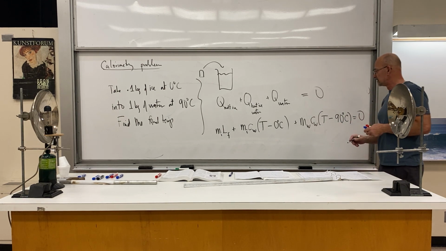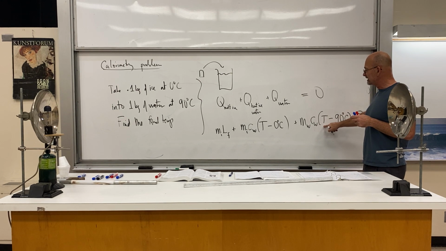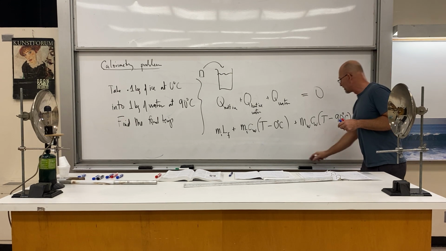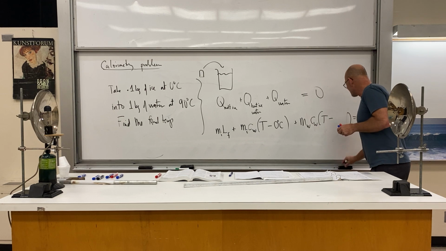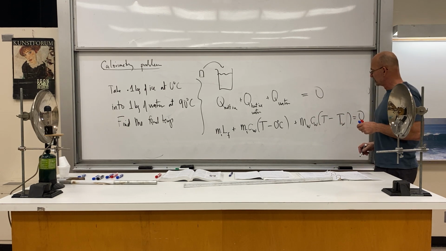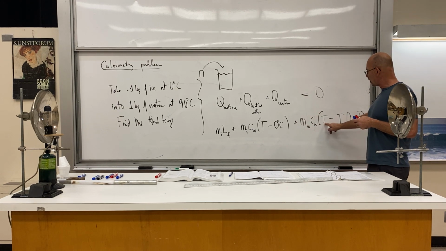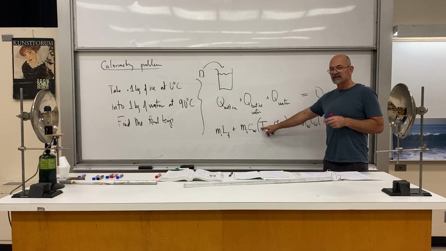Equals 0. So you can solve this equation for that T, and you know, this is 90, but let me just write T water, the initial temperature of the water, because you don't want to do algebra with those 90 degrees, okay? But you solve for T, it's one equation, and then you'll find that final temperature.